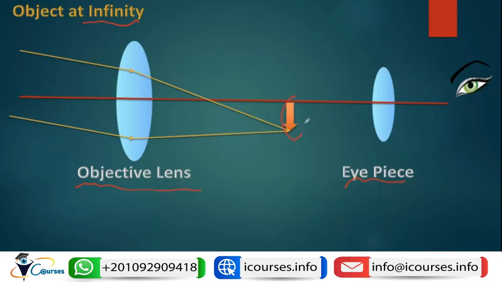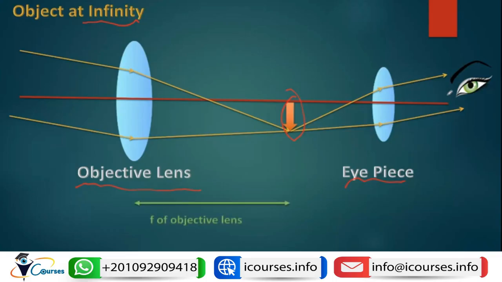From this focus, the light rays will emerge again through the eyepiece so that they enter the eyes parallel. So that's why we are saying that the telescopes are an afocal system. The light rays enter parallel and emerge from this system parallel.